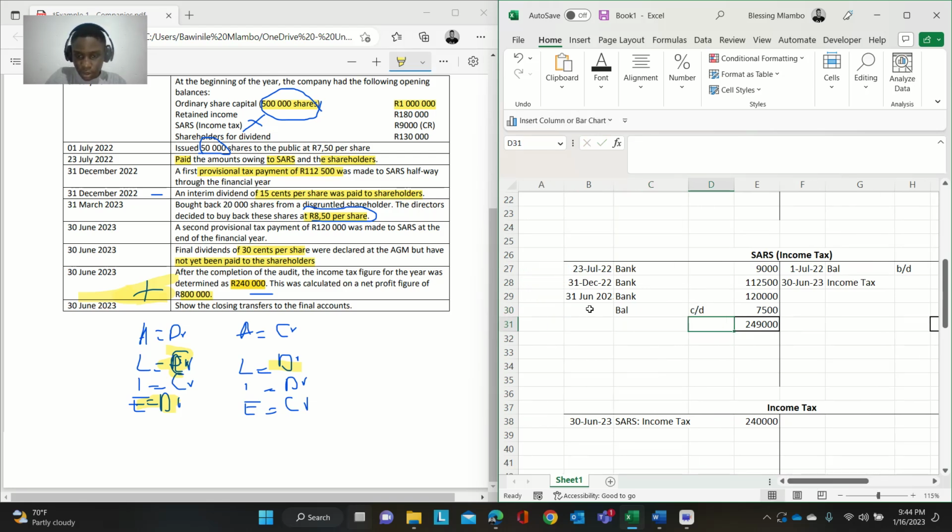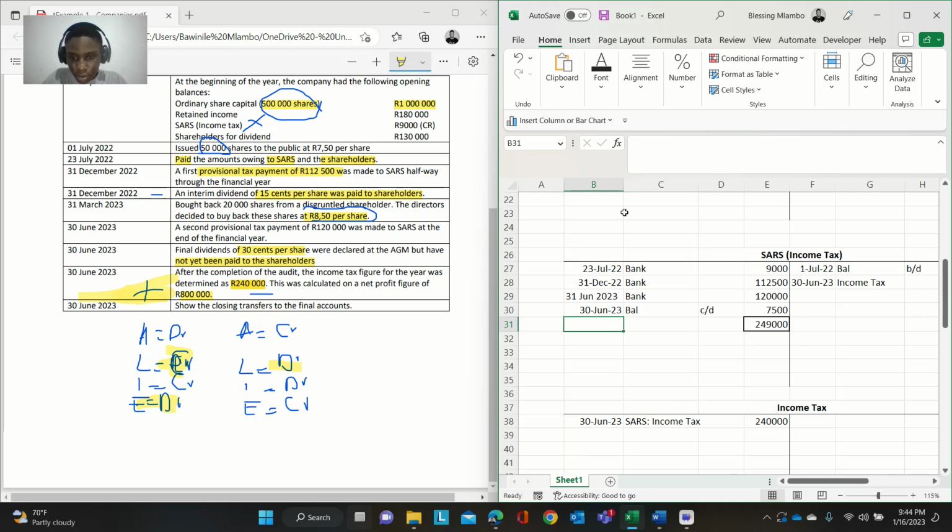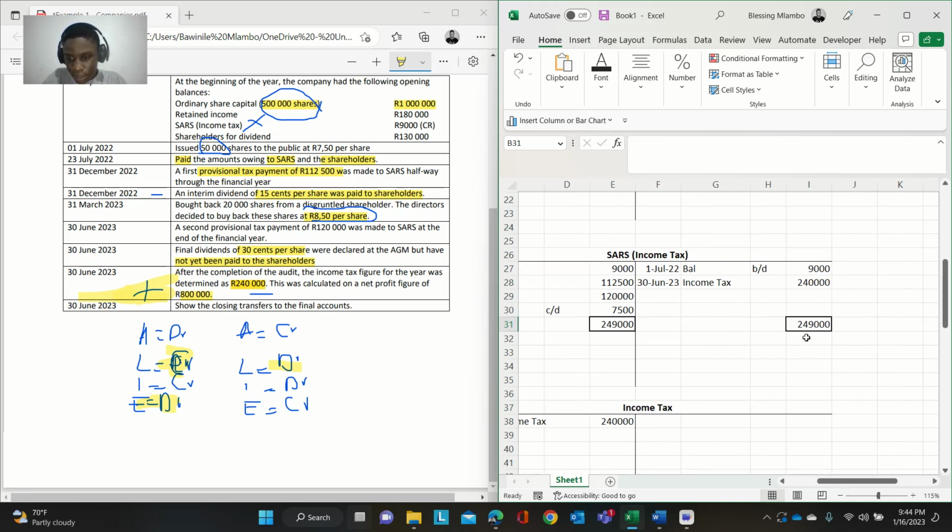So I just put the date here, 30 June 2023. So this balance is the opening balance for the following year. And then we say balance brought down on the 1st of July 2023, right?